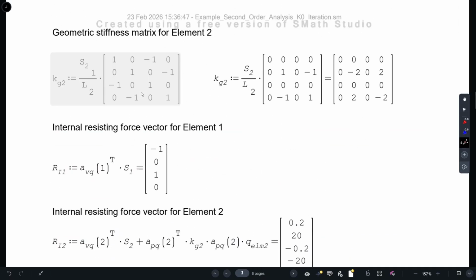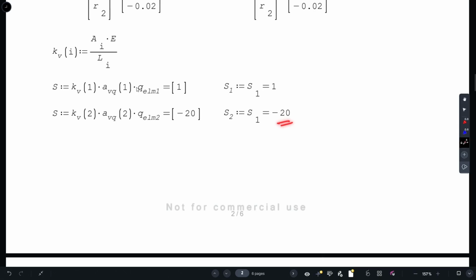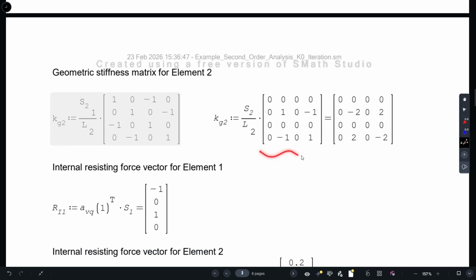Now, this is the geometric stiffness matrix. This is the force which is minus 20, okay, and this is the stiffness matrix that we have derived. Now remember, this is neglecting the effect of du_x/dx on the kg, right. So therefore the first and third row and first and third columns are 0. So this is my kg.